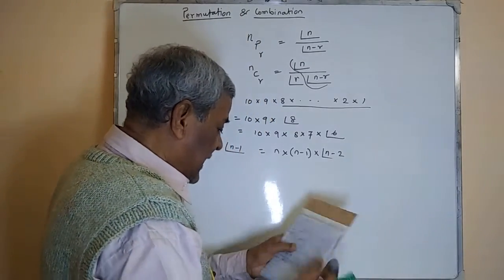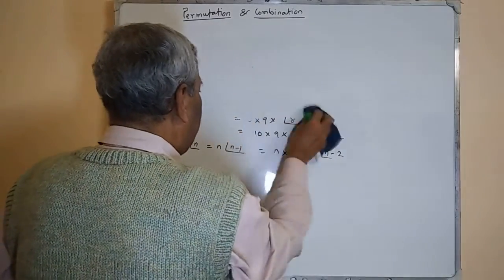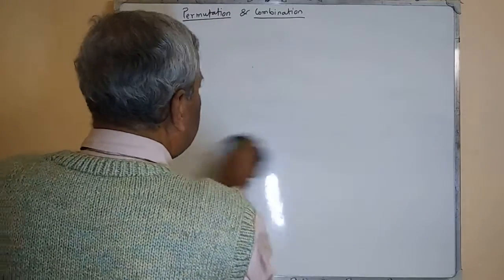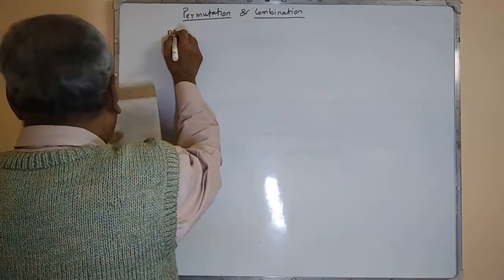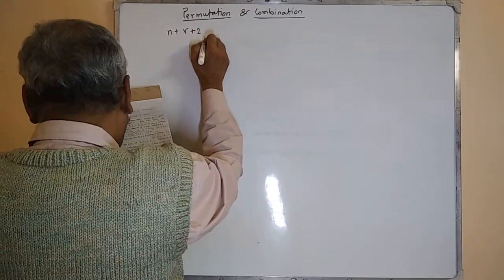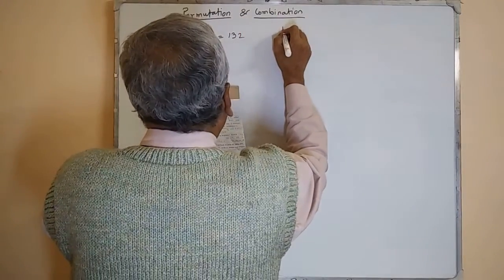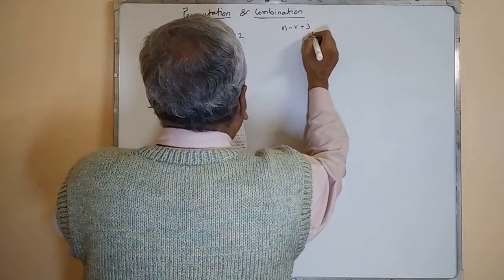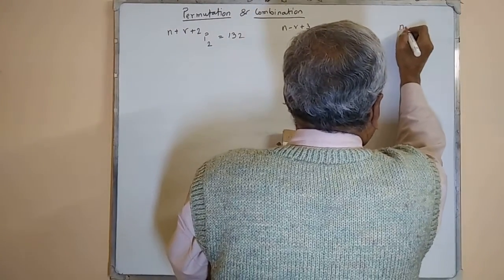Now let us take a few examples. Our first problem is: if n plus r plus 2 P 2 is equal to 132 and n minus r plus 3 P 2 is equal to 20, then find the values of the pair n comma r.